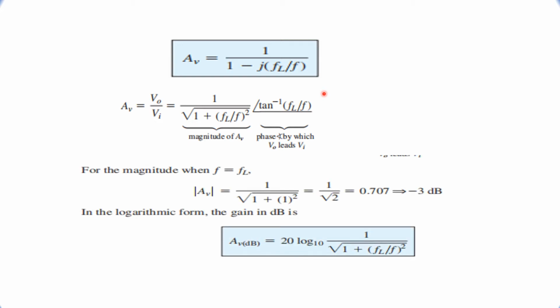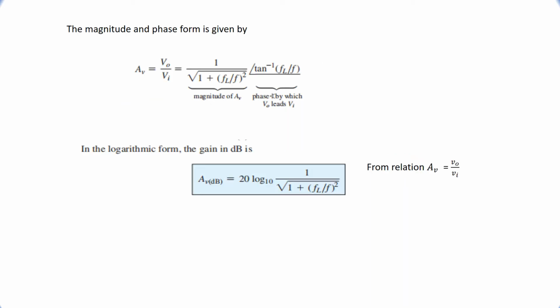So the gain Av is equal to 20 log of 1 upon the square root of 1 plus FL by F whole squared. The magnitude and the phase form are given by these two relations. So overall the magnitude comes out to be 20 log of 1 upon the square root of 1 plus FL by F whole squared.